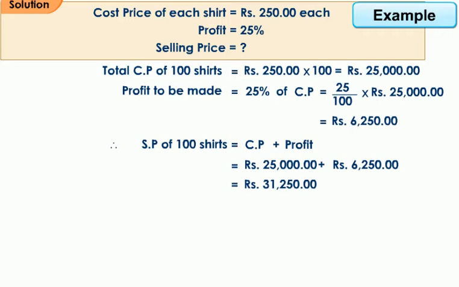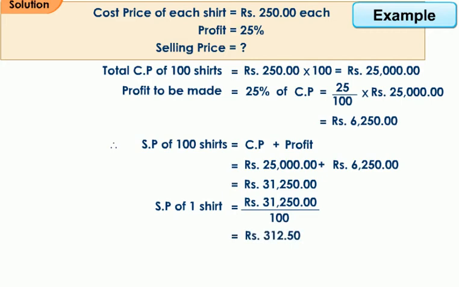This is the selling price of 100 shirts. So, the selling price of one shirt is rupees 31,250 divided by 100, which gives us rupees 312.50.